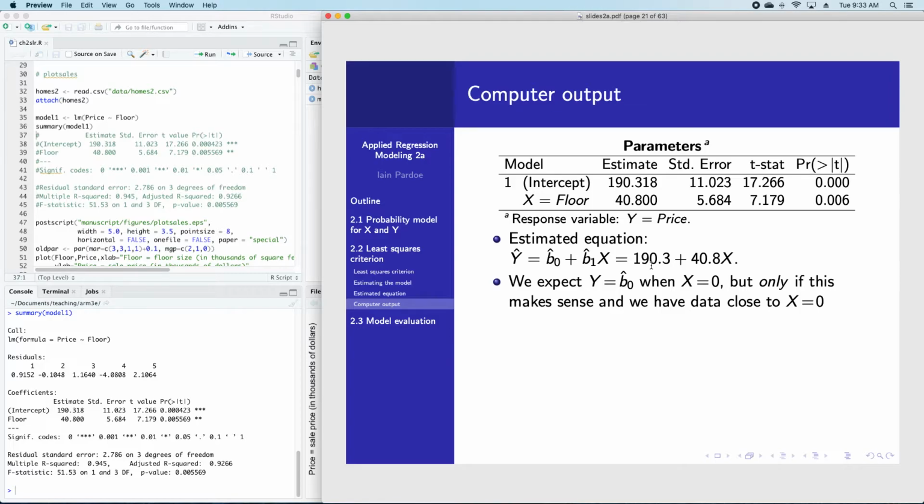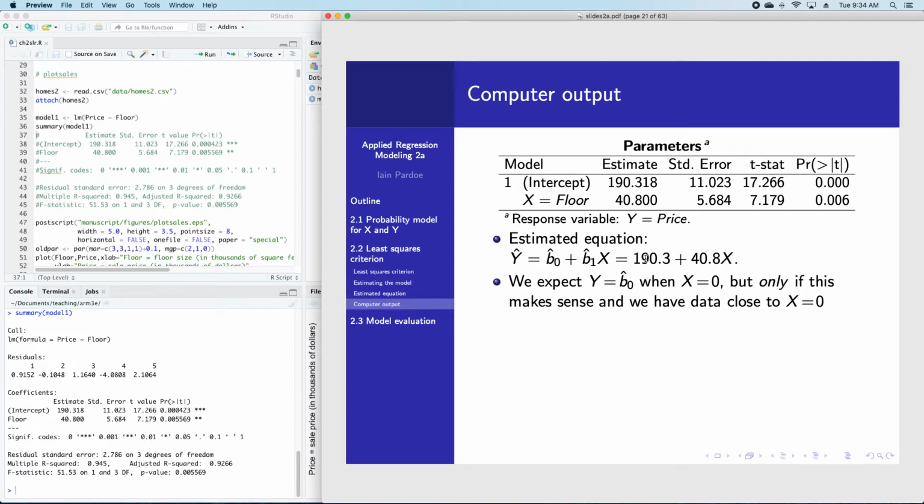But that's only practically meaningful if it makes sense, and if we have data close to x equals 0 for it to make sense. So in this case, what would it mean? It would mean a house with a floor size of 0. Well, that doesn't make any sense.